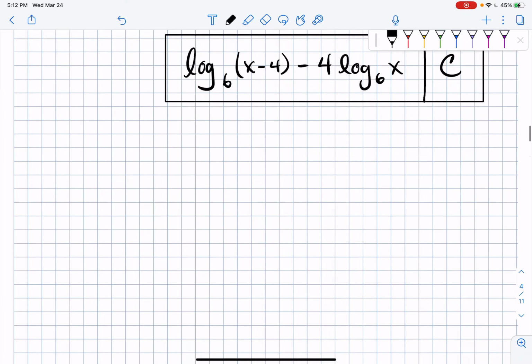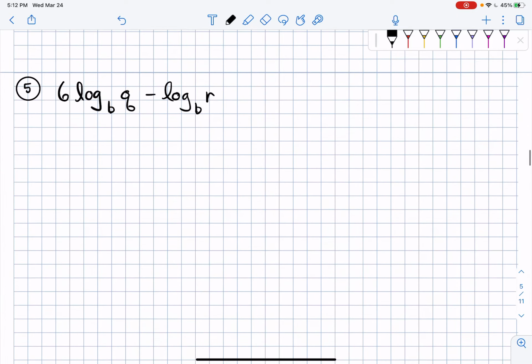All right, so on to number 5. Base b, I'm subtracting, so I must be trying to compress here. So number 1, I'm going to deal with this as a power. So what I'm going to have here is log base b of q to the 6th power minus log base b of r.